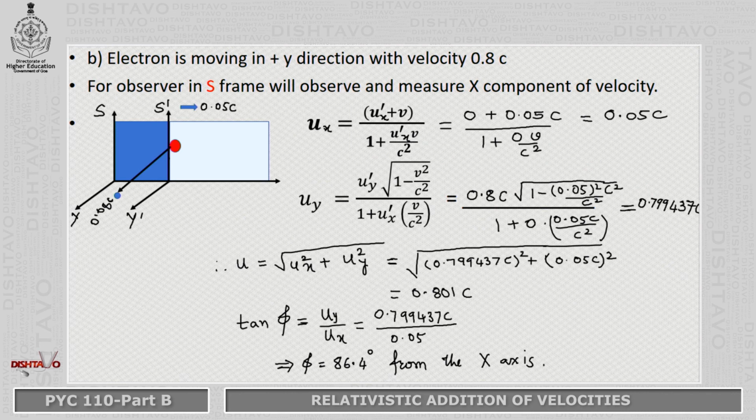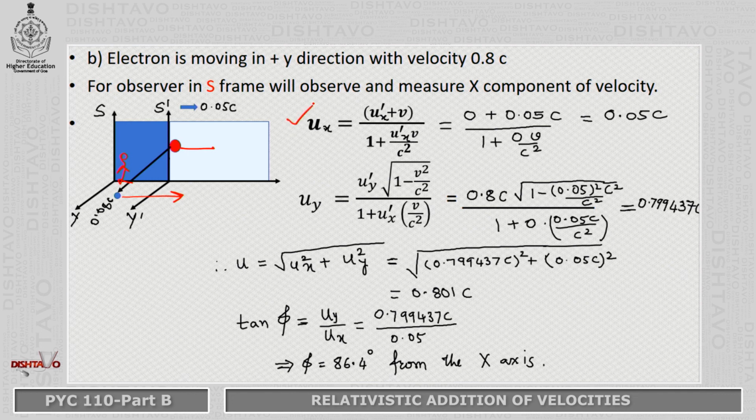The next case is when the electron is moving in the plus y direction. Any observer in frame S will find that this electron has a component of velocity in the x direction. So, the observer in the S frame will measure an x component of velocity, though for the observer in S prime the electron is moving perfectly in the y prime direction.